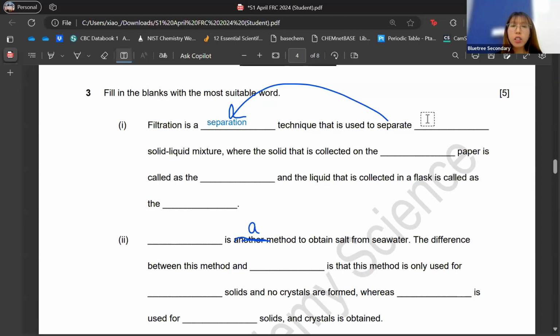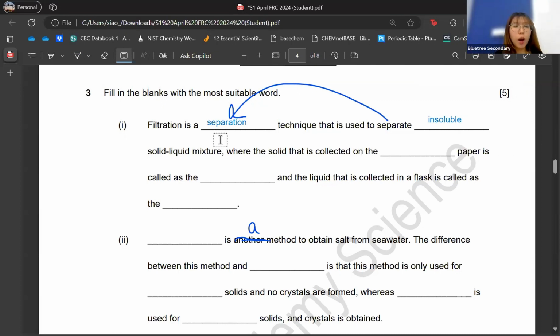Filtration is the only method that you should pick to separate an insoluble solid in a liquid mixture. That means the only thing you need to learn is which examples are examples of insoluble solid liquid mixture.